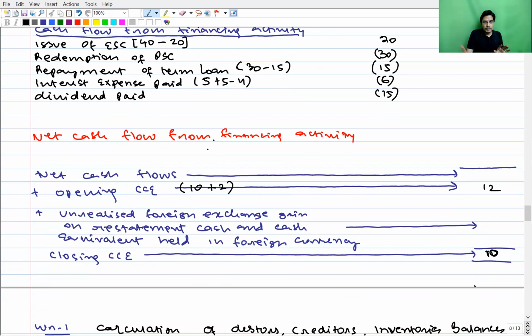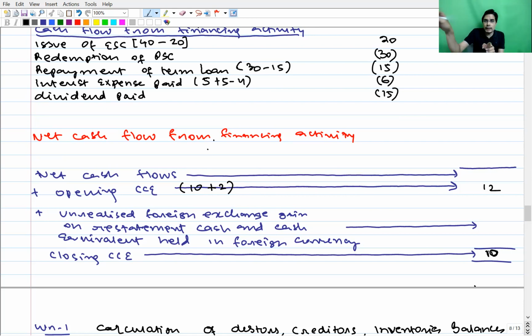But as per balance sheet, the closing CCE would have been increased due to forex gain. But we didn't consider that forex gain in the cash flow statement because it was non-cash. Since we didn't consider it, our closing CCE as per cash flow statement will come less.